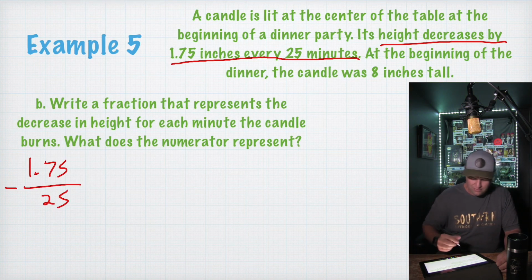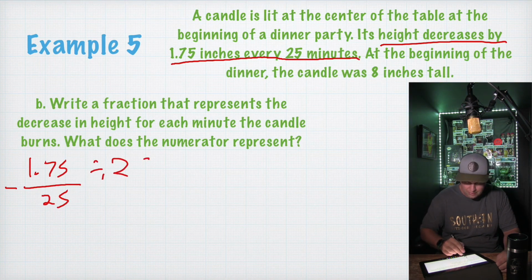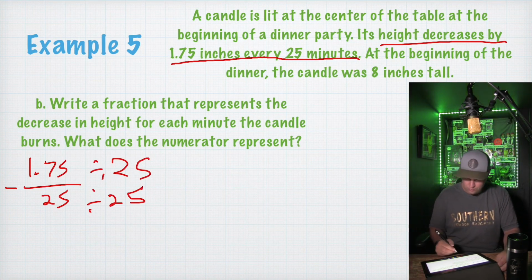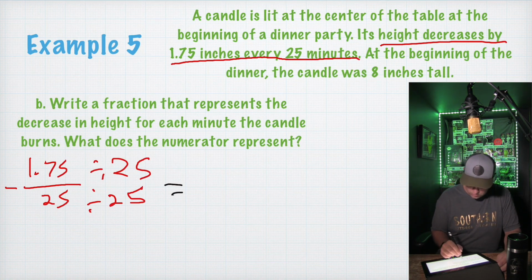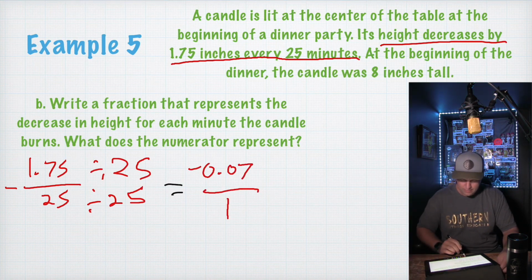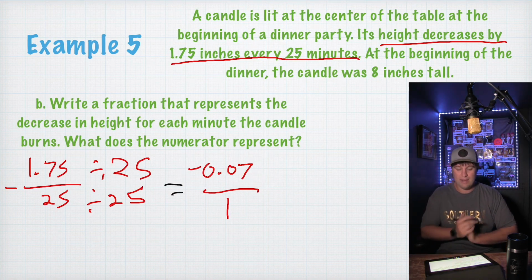If we divide both top and bottom by 25, that'll tell us per minute how long it took to burn. So if we do that, we're left with this equals negative 0.07 over 1. Okay? So that is a fraction that represents how much it burns each minute.